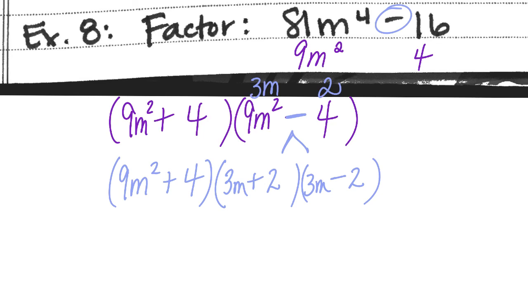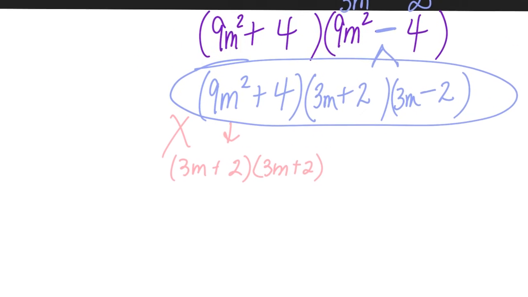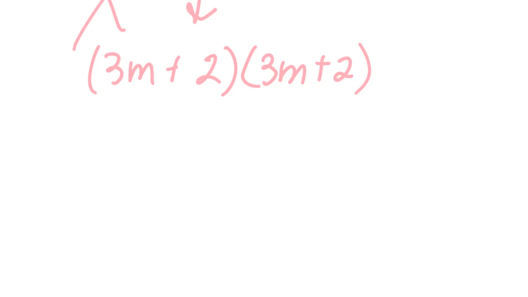Now, a lot of you think that this could be factored to be 3m plus 2 times 3m plus 2. This cannot happen. No, no, no, no, no. Our answer is right here, and this is how we will answer it. But let me show you why this cannot happen. If I FOIL this back out, 3m times 3m is 9m squared, right? But remember, I have to take the outers and inners, which are both 6m.